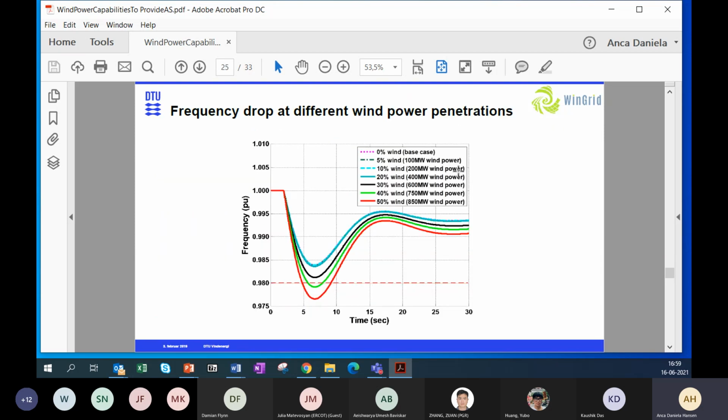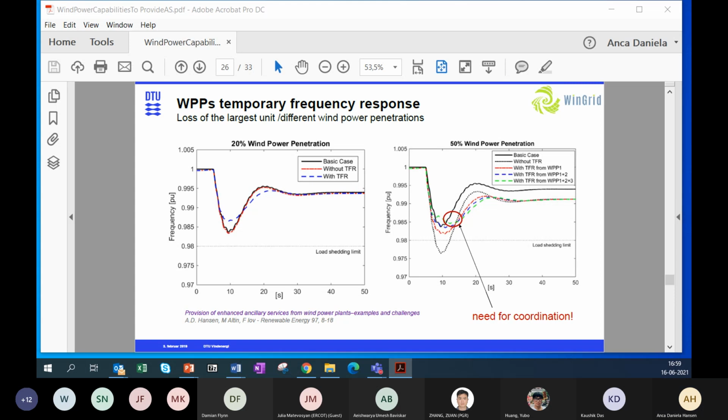Here is how it looks when we have more and more wind penetration in the system. We have tried to look at two cases. This is also different if you have 20% wind power penetration or 50% wind power penetration. We had loss of the largest unit, and here is how it looks with and without this fast frequency response control.